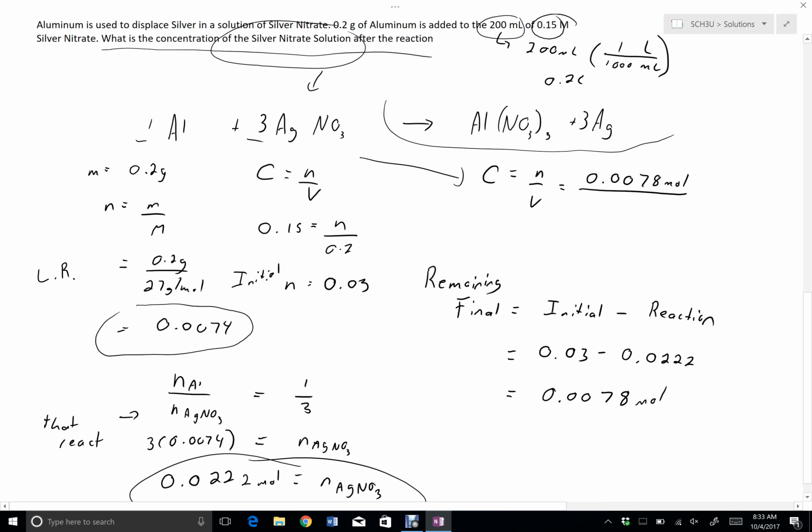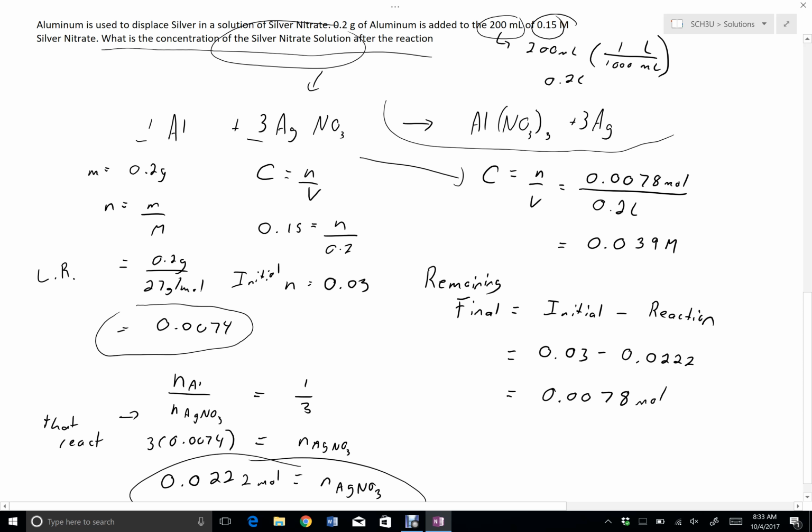The volume won't significantly change. When we add that tiny little piece of aluminum, the overall volume of the solution remains basically the same. So the volume is still 0.2 liters, and so my final concentration would be 0.039 molarity.